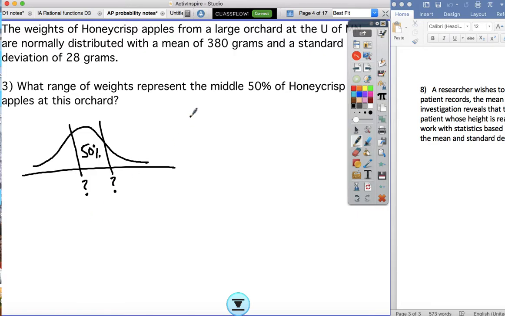Well, if we're talking about our z-score, here's what we know so far. I know that the mean is 380, and I know that the standard deviation is 28. So I've got those figured out.